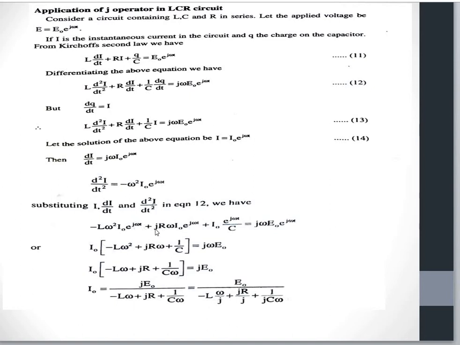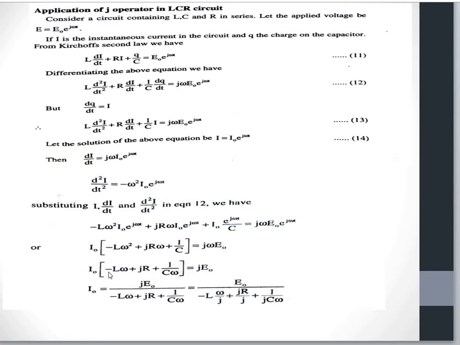And e raised to j omega t appears in all terms, so it cancels out. So I0 into minus L omega square plus jR omega plus 1 by C is equal to j omega E0.